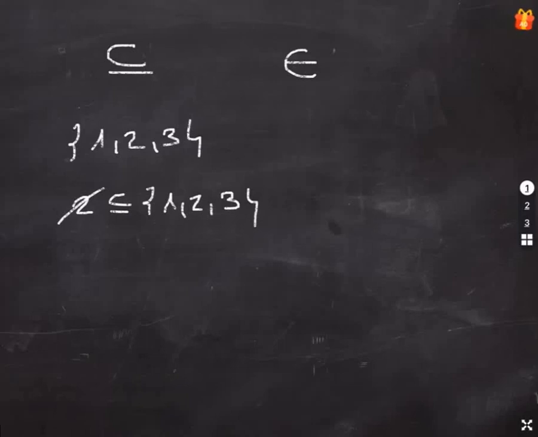Also, while this is true, the singleton set {2} is a subset of {1, 2, 3}. The singleton set {2} does not lie in {1, 2, 3}.